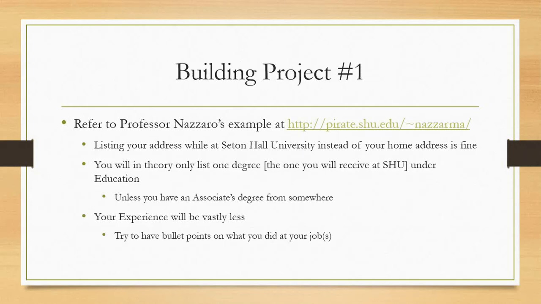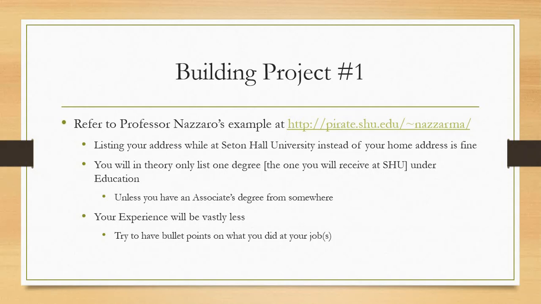So in building Project 1, you may want to refer to Professor Mark Nazzaro's example at his pirate.shu.edu web space with the link provided. You'll notice this is a resume example, which is what you're doing with Project 1. Listing your address while you're at Seton Hall instead of your home address is perfectly fine. That is your address on campus at Seton Hall University.